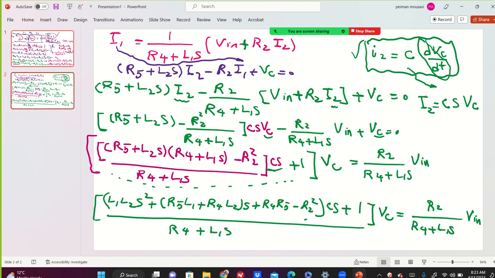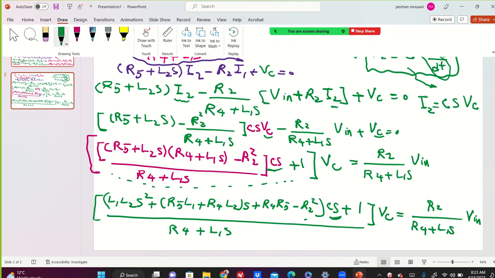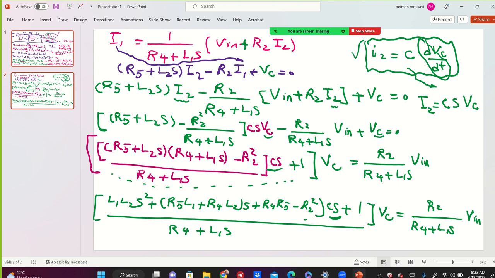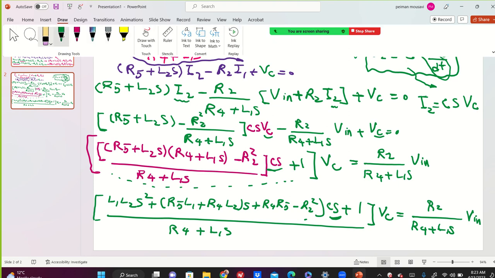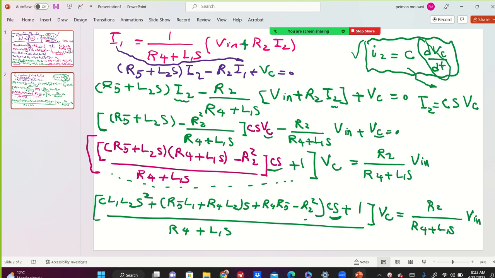So what I have to do, I have to just multiply by CS. If I do that, you're going to have a C here, this is going to be 3. You have a C here, this is going to be 2, and you have an S here, CS, and here we go.